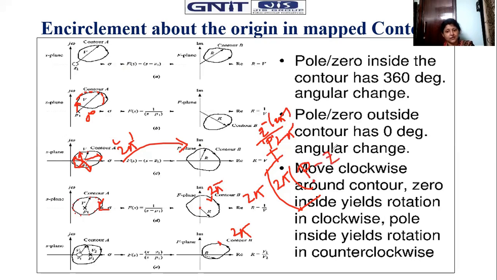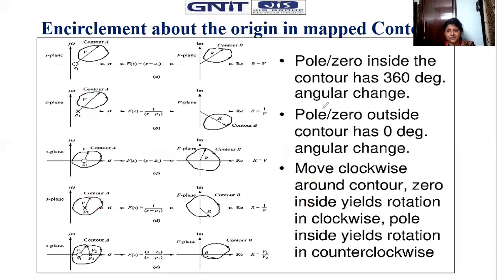Now, if we consider any pole or zero that exists, because our contour direction is clockwise, for the pole the angle made is 2 pi, meaning clockwise movement. So we get the encirclement about the origin and the angle formed is 2 pi.